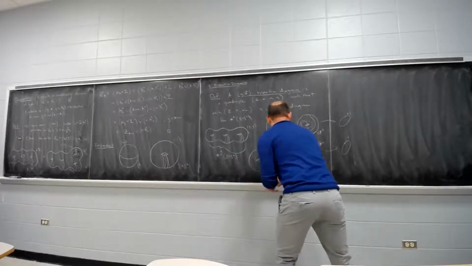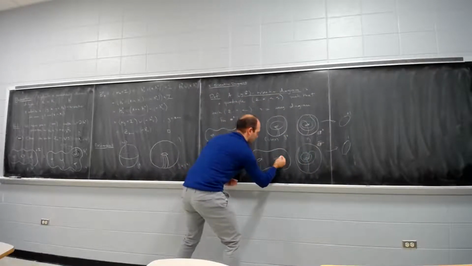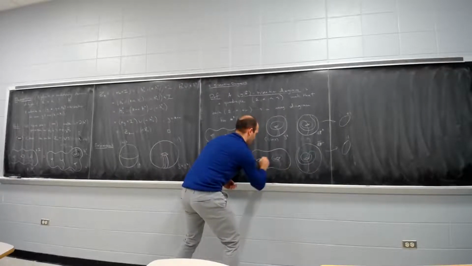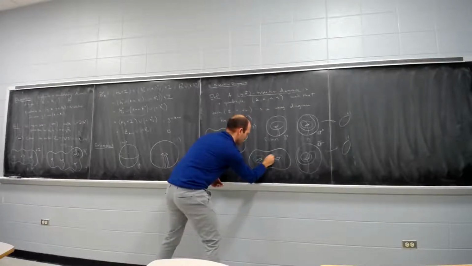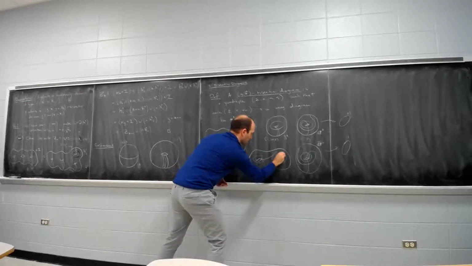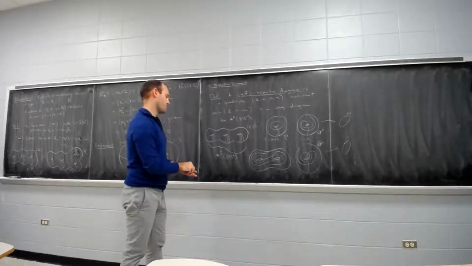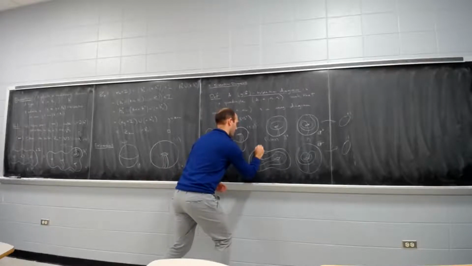And then maybe for completeness, I'll draw one more picture. Maybe I'll draw it like this. So this, you can check, is a 2-0 diagram.